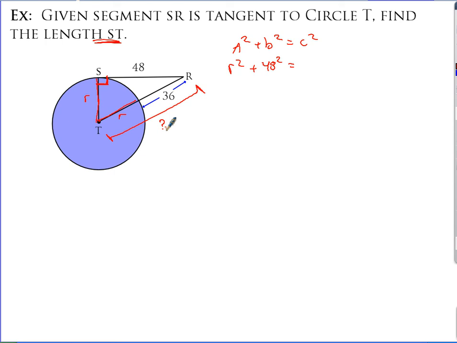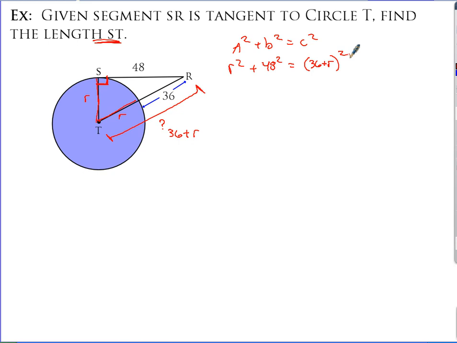Not 36R, but if R was 4, what would this whole thing be? 40. It would be 36 plus 4, right? So in this case, it's just 36 plus R. I don't know what R is, but when I do know R, I can plug it in and figure that out. So in this case, C, what do I have to plug in here? 36 plus R.